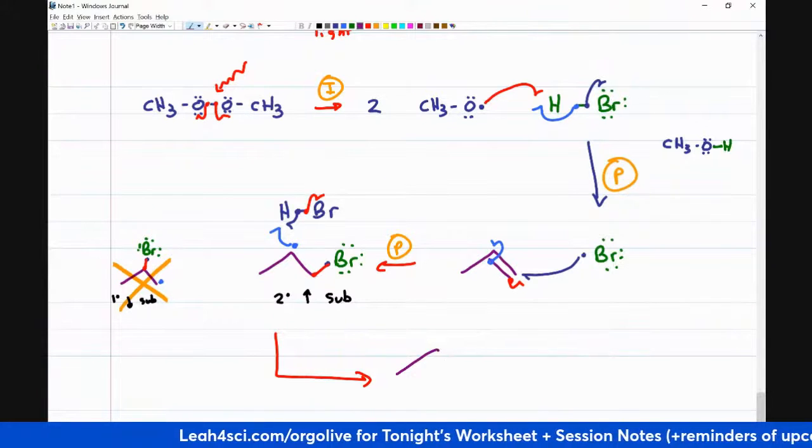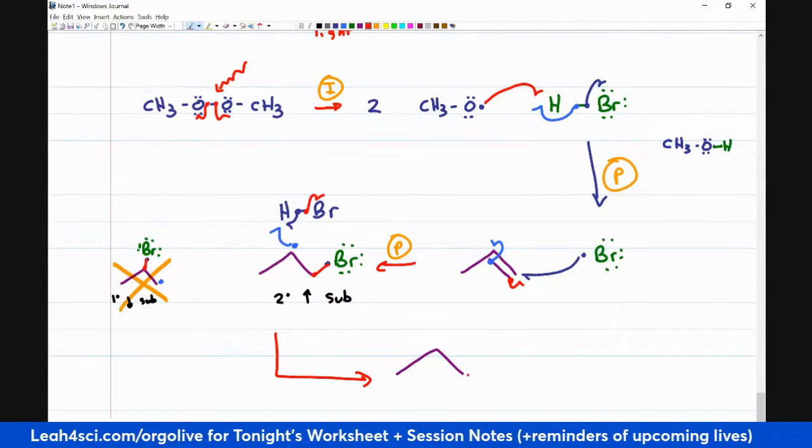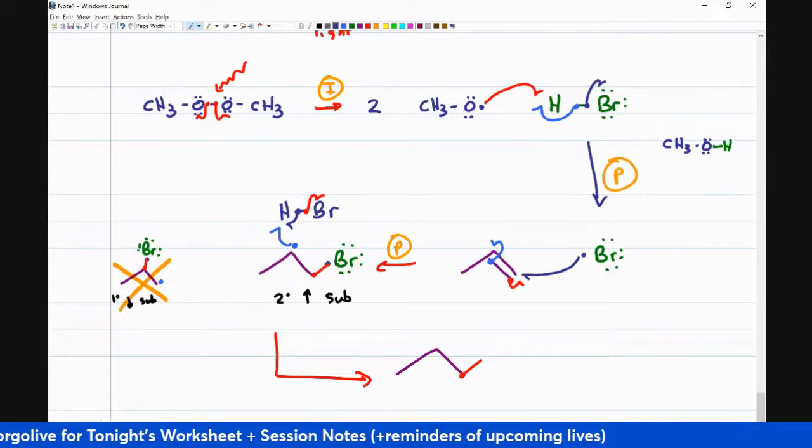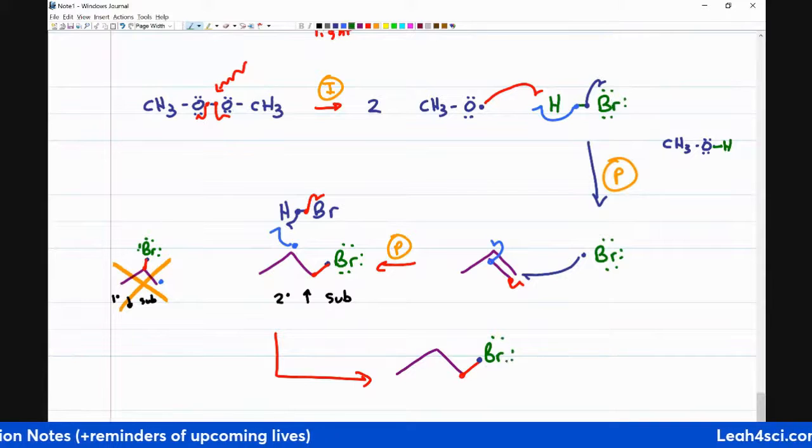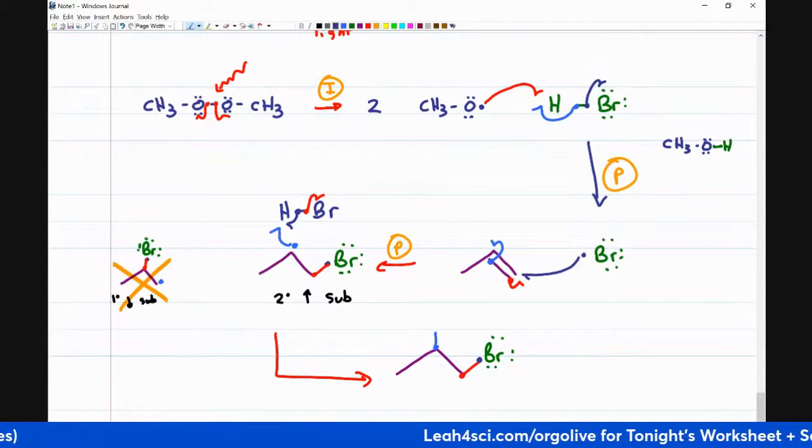I have my carbon chain with this bond that we saw forming earlier, having bromine on the terminal carbon. We now have the light blue forming a bond with the other electron that came from hydrogen.